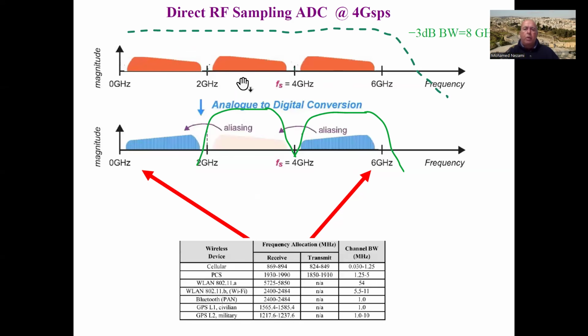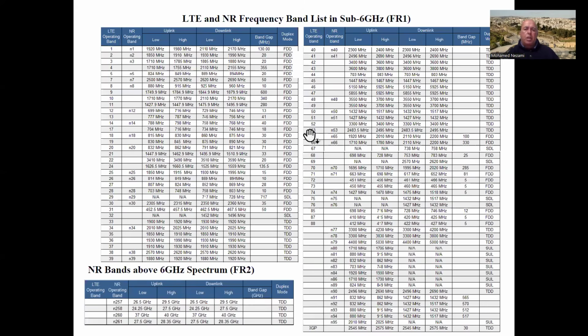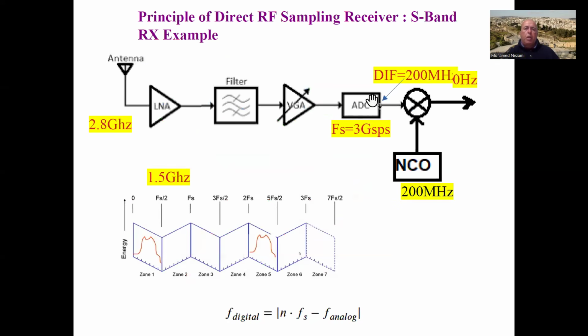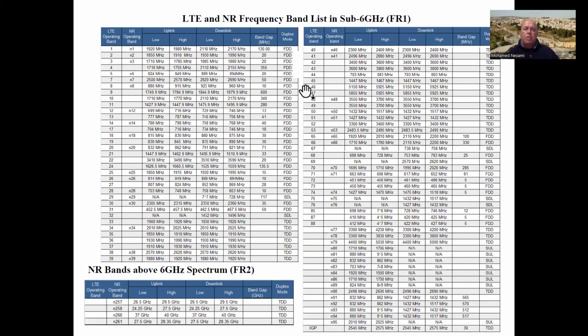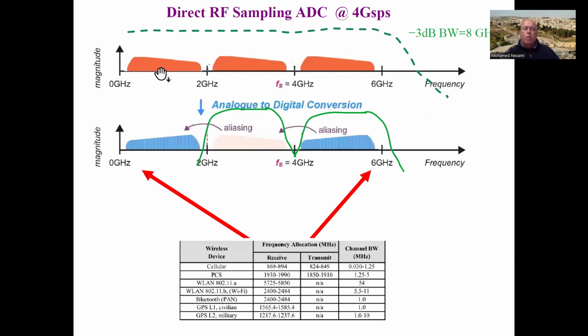So you could very much, like I showed in here, have multiples of these services, and you're digitizing simultaneously, and you can see the spectrum, and then you can do channelization in the DSP domain using FIR filters in conjunction with digital down conversion. Okay. All right. So let's go further.